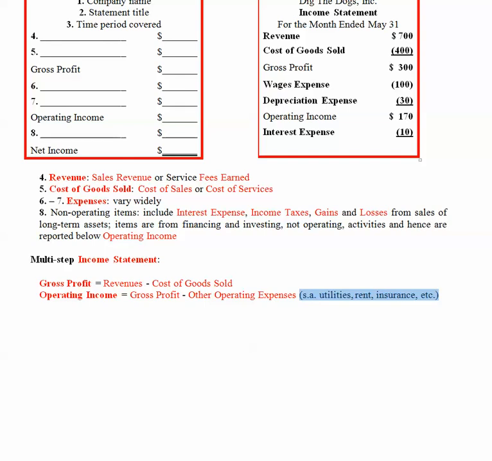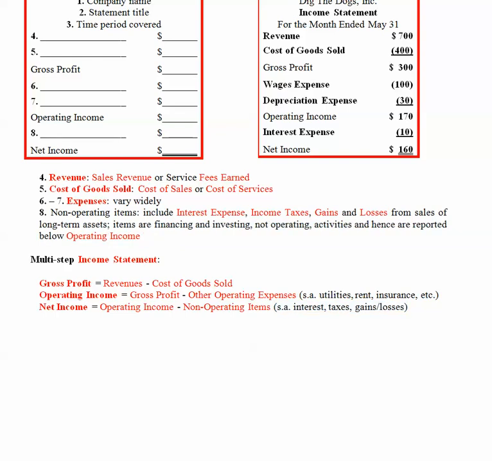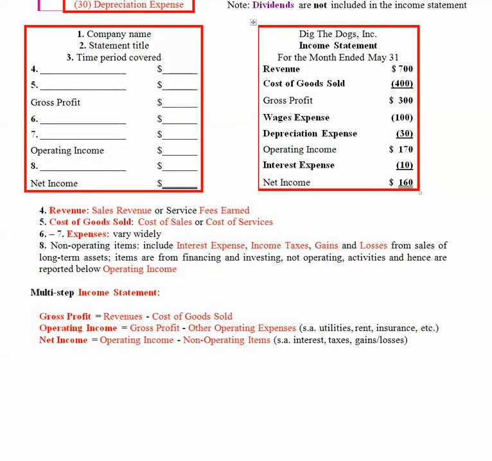The last item is net income, and that's where you take your operating income, the 170 here, and subtract all your non-operating items. Again, those were things like interest, taxes, or gains and losses on things you don't normally sell. And that is our multi-step income statement for Dig the Dogs.